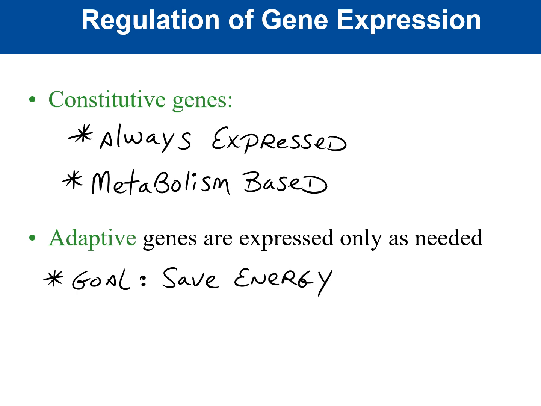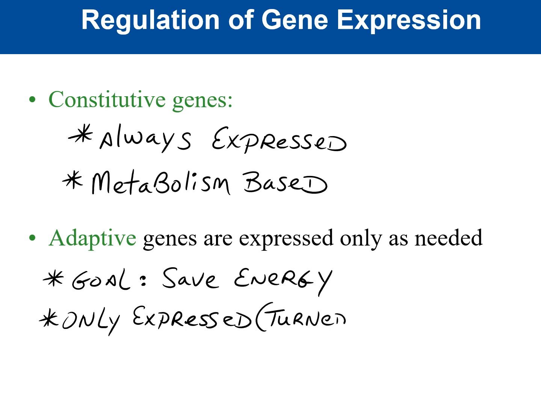during times when it doesn't need those genes. A good example of that would be the lactose operon, which will be discussed in a couple of slides. The lactose operon and other such operons contain genes that are adaptive so that they're only expressed, which we can also refer to as turned on, during some sort of stimulatory event.